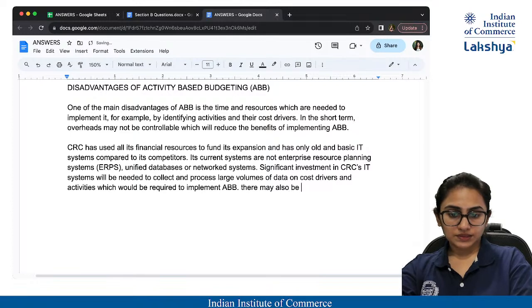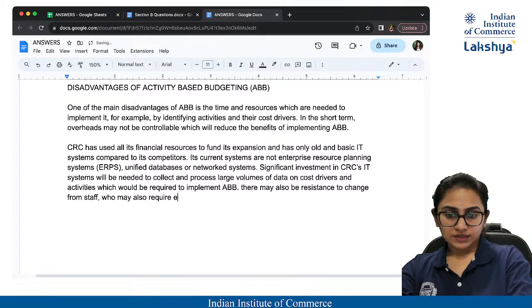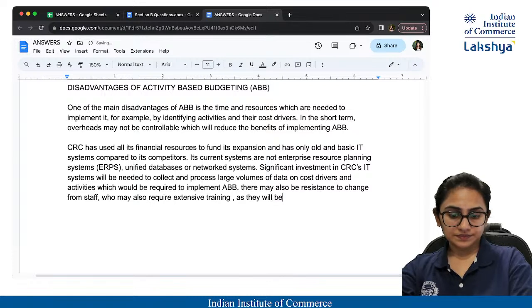There may also be resistance to change from staff who may also require extensive training as they will be unfamiliar with the ABB approach.